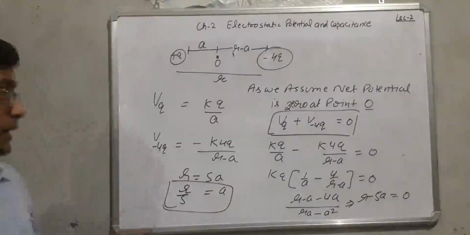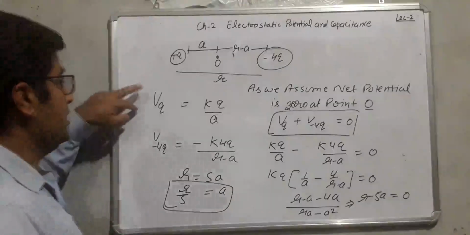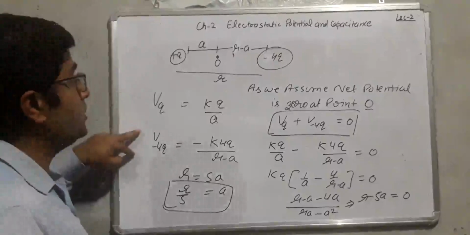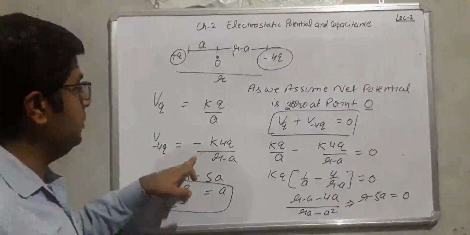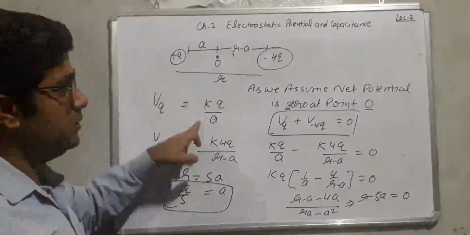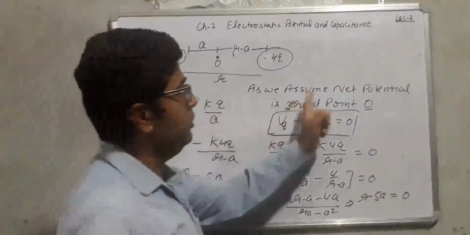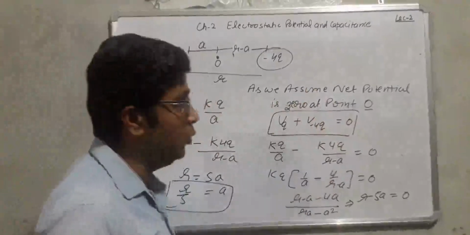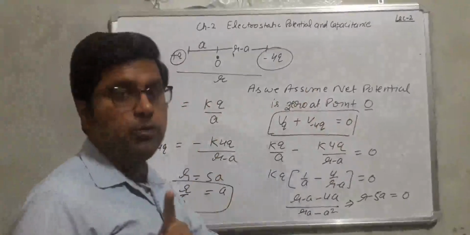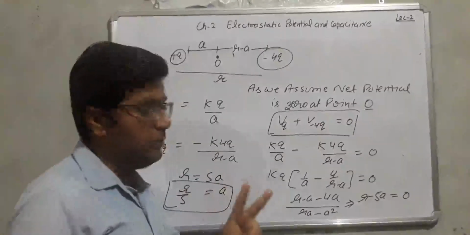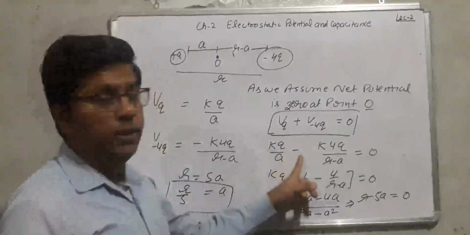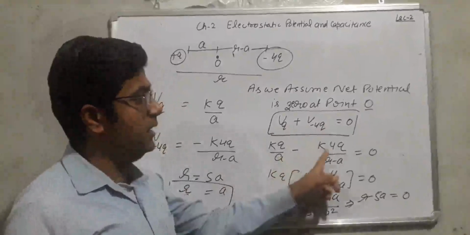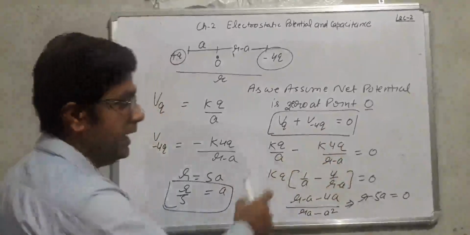I will just repeat it for you. This is the potential for the q charge and this is the potential for the minus 4q charge, because this source charge is negative and this source charge is positive. Now we assume the net potential is 0 at point O. It means the sum of the potentials due to the first and the second is equal to 0. So the potential due to the first, kq by a, minus the potential due to the second, k 4q by r minus a. Just add them.